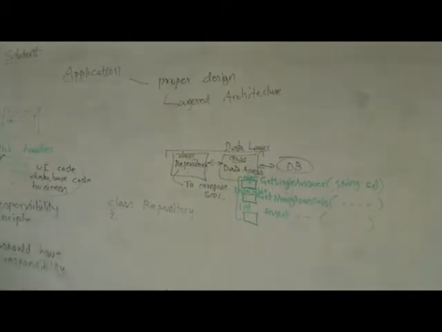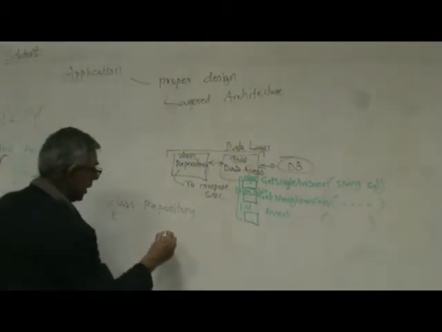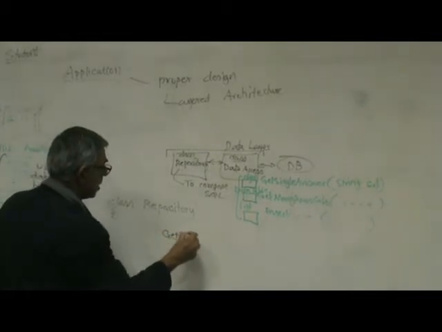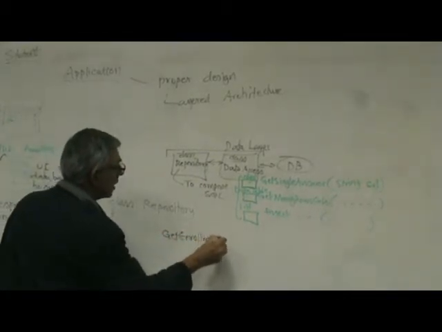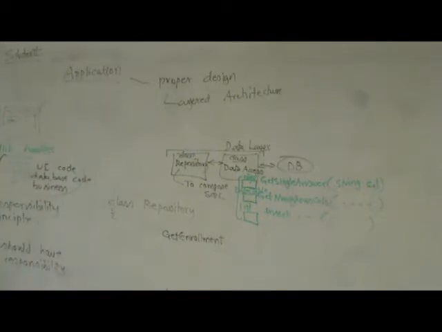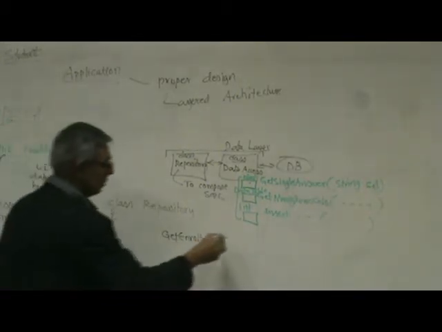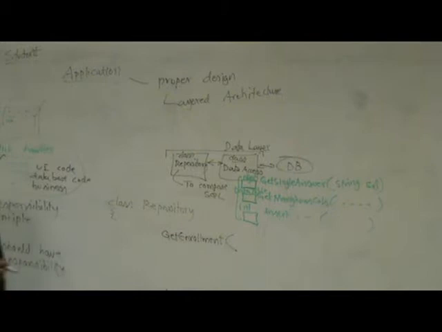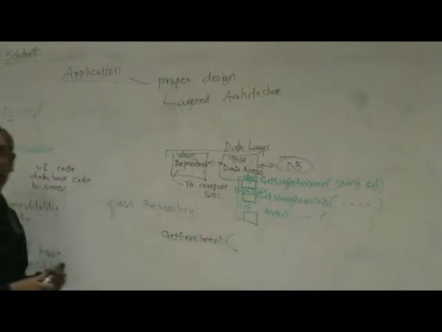For example, it may say get enrollment will be the name of the method as an example, right? What will be the parameters or the input to this method? SQL? No, not SQL. SQL is only in these 3 methods.